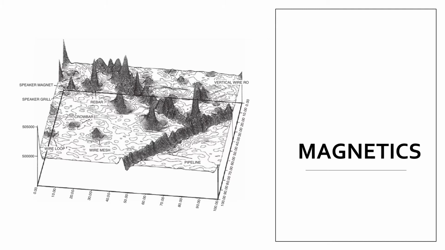And what they did here is they scattered known objects at known locations. Okay, so this is just a calibration study. So they scattered different garbage here, metal garbage, and then they did a magnetic contouring in the area, and they were able to see how the metallic objects are actually showing up in their magnetic survey.